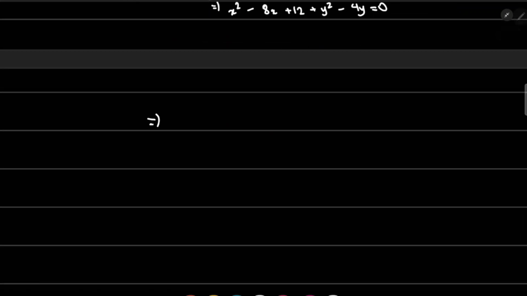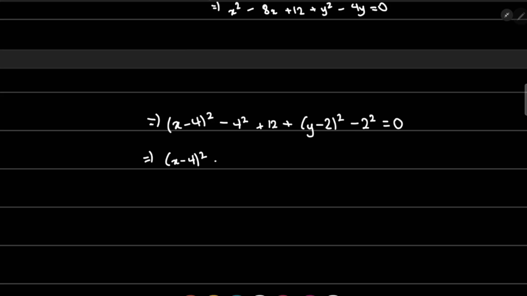So in this case we'll get (x minus 4) whole square minus 4 square plus this 12 we had previously, plus (y minus 2) whole square minus 2 square equals 0. We get (x minus 4) whole square plus (y minus 2) whole square, and then we get a minus 8 over here. So we get a circle with this equation.